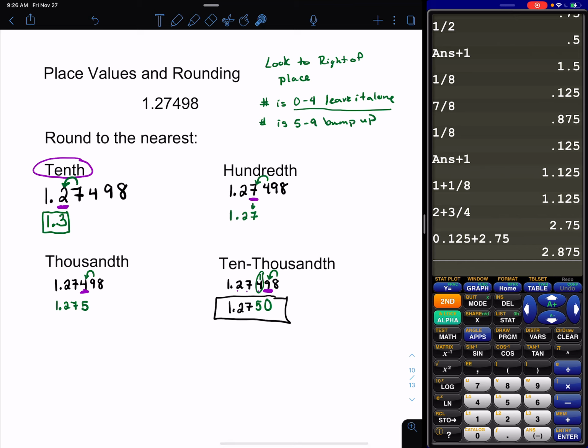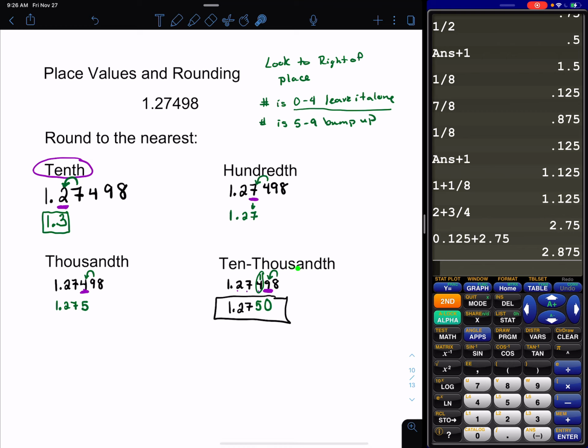If we look at rounding to the nearest thousandth, 4 is the digit in the thousandths place. 9 is to the right of it, so that 9 tells us to round up. So we're going to bump that 4 up to a 5. Remember, we keep everything before it exactly the same. So we have 1.275, or 1 275 thousandths.